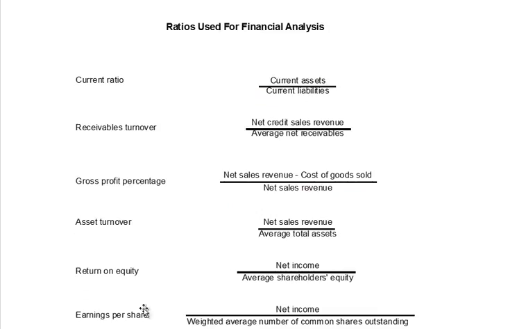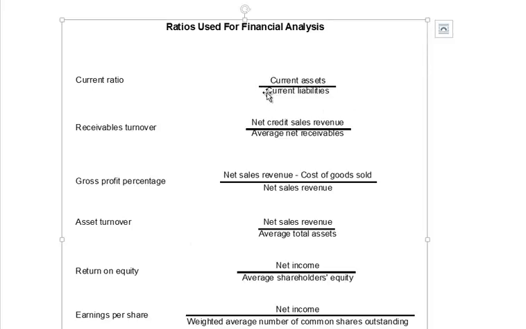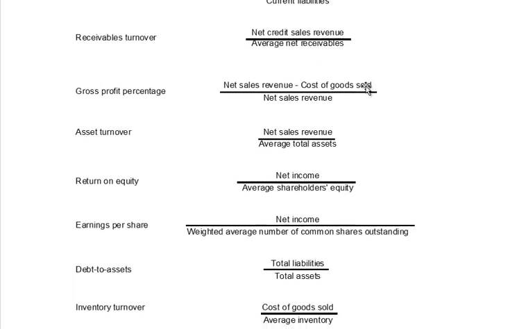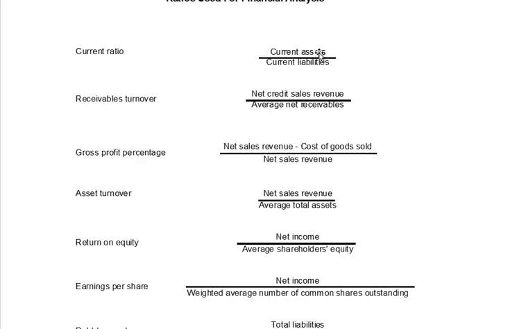So if you go back to your formula sheet, and this is the formula sheet you'll get on the exam, you'll see here that the current ratio looks at current assets divided by current liabilities. So the company that has the largest number over 1 would be the one that has the largest current ratio, right? And whoever has the largest current ratio is the company that is most likely to be able to meet its current or short-term obligations.